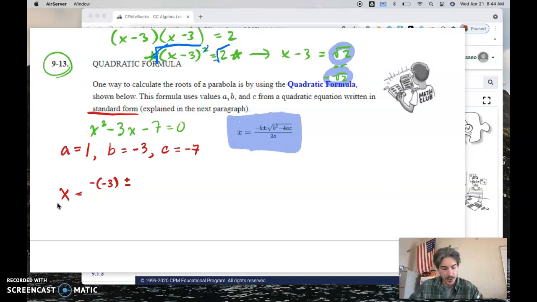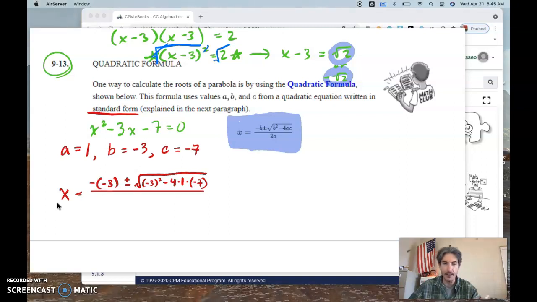Okay, the square root of, we saw the need for that in the last problem, b squared, which is -3 squared, I do have parentheses there, minus 4 times a, which is 1, times c, which is -7, and I'll just put that in parentheses so we can keep that straight. And then it is all divided by, now I'm carrying that division bar under the entire thing, 2 times a, which is 2 times 1.